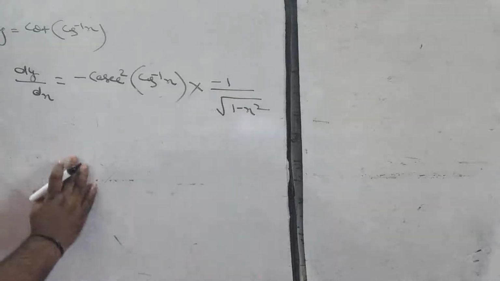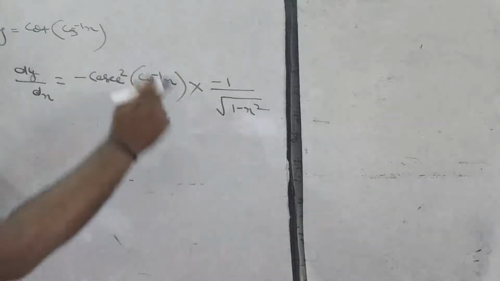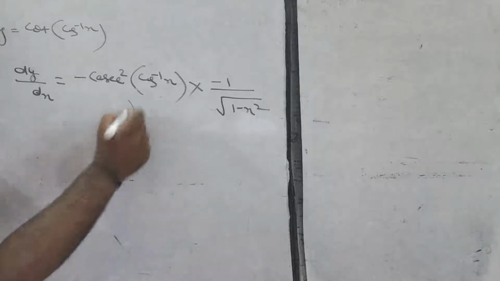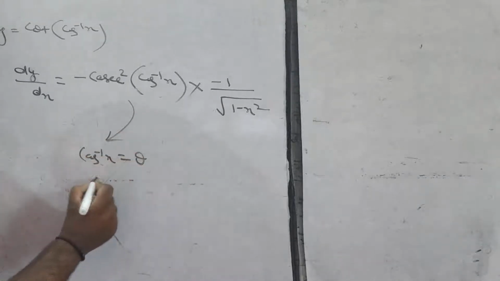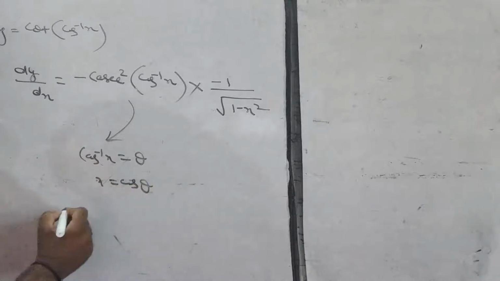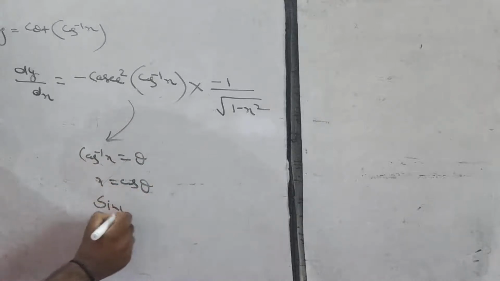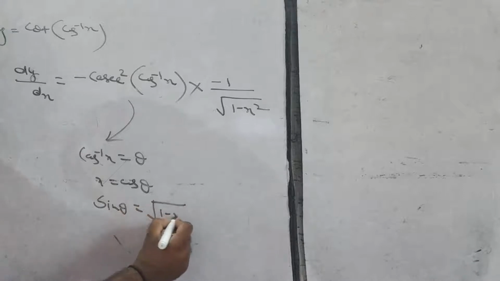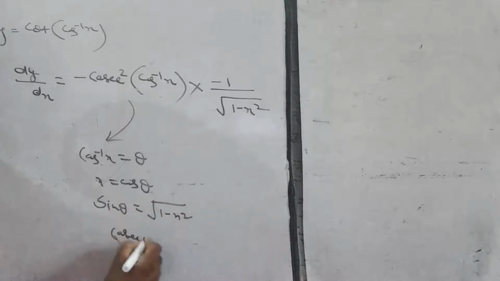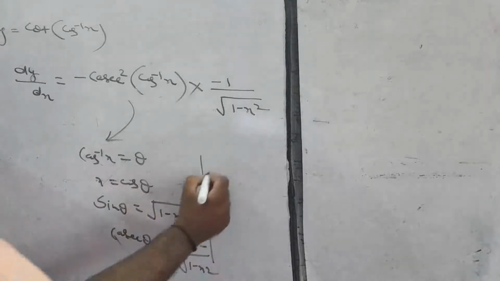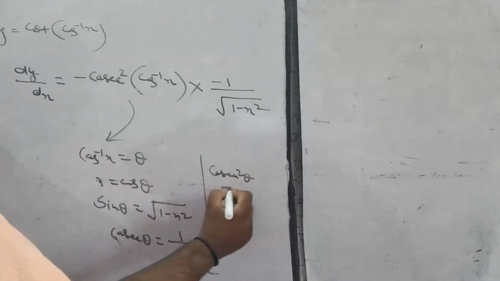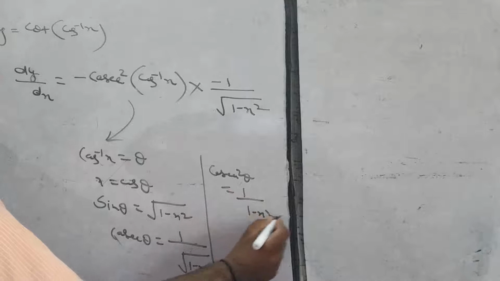Now we must convert this in terms of x. Let cos inverse x be equal to theta, so x is equal to cos theta, so sin theta is equal to under root 1 minus x square, or cosec theta is equal to 1 by under root 1 minus x square, and we need cosec square theta. So the value of cosec square theta is 1 by 1 minus x square.